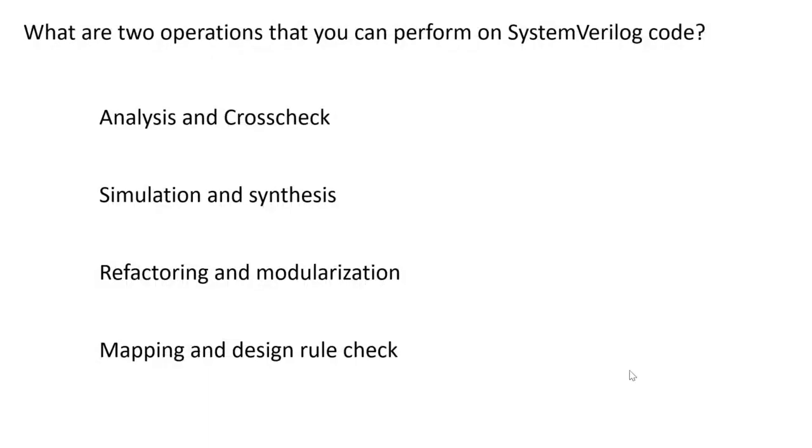Okay, so quiz 8 starts out asking, hopefully you can see that okay, you should see the slide: what are 2 operations that you can perform on System Verilog code? The answer is simulation and synthesis. Simulation is for debugging and validating the design, but the simulation doesn't give you any information about the logic delays.